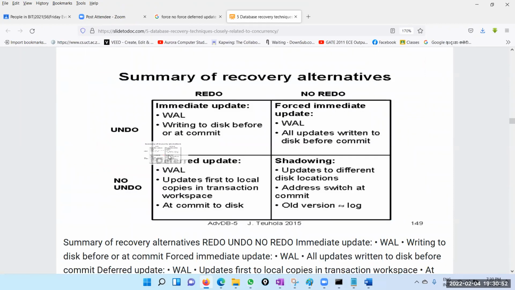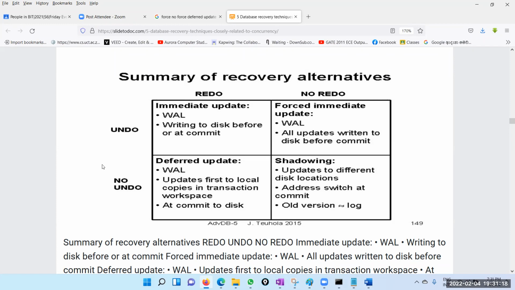So deferred update means no undo, redo is needed. Undo is not needed, redo is needed. If redo is needed and undo is not needed, we say we have to do the deferred update way. Those are two different concepts, and our note is a little bit confusing.